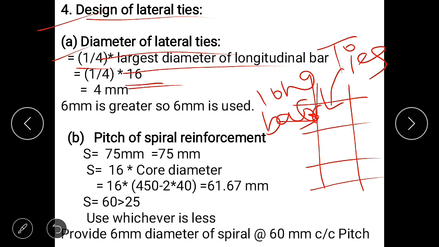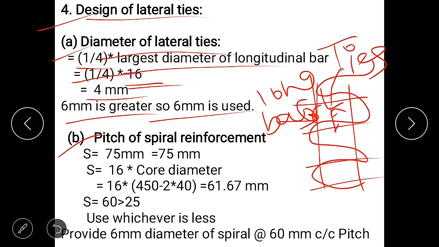Here we take 16, so the answer is 4 mm, but 6 mm is greater, so we use 6 mm here. Next, we have to find the pitch of the spiral reinforcement. Pitch means spacing between these. In this column, the spacing is spiral, circular. So here we have to find the pitch of the spiral reinforcement.